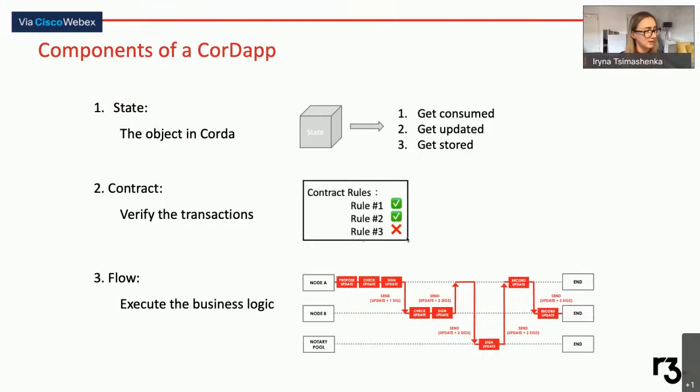Also, there is a contract, which is a list of business rules that parties agreed upon when installing the CorDapp, and this contract runs against every transaction. And a flow just executes the business logic. You can think of a flow as a main function in Java, a starting point, but you can have many of them.